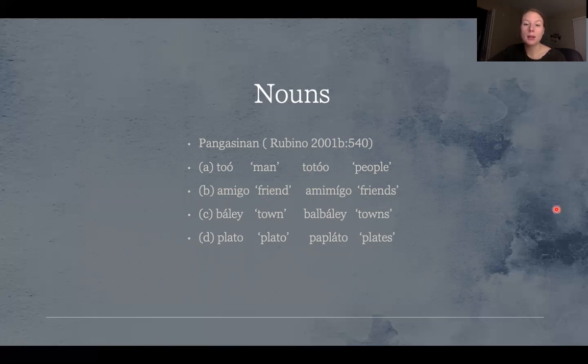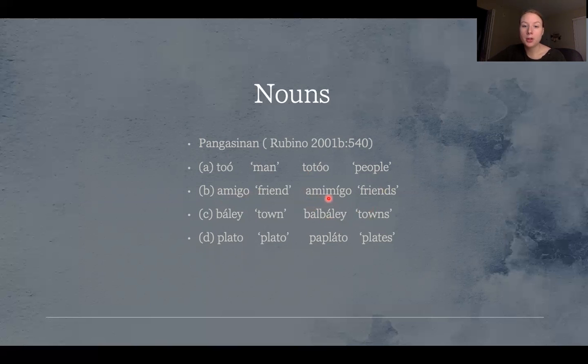So this is where I'll show you reduplication word medially. Here we can see amigo, and here you can see, I'm trying to make this clear, the mi is taken from this original morpheme and reduplicated and placed in the word. So this is word medially.